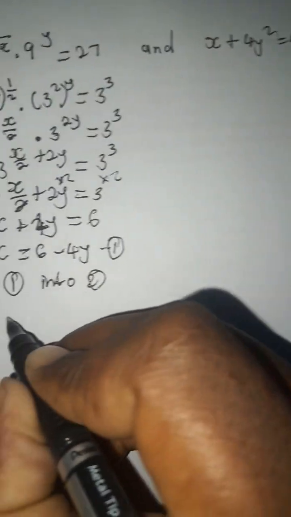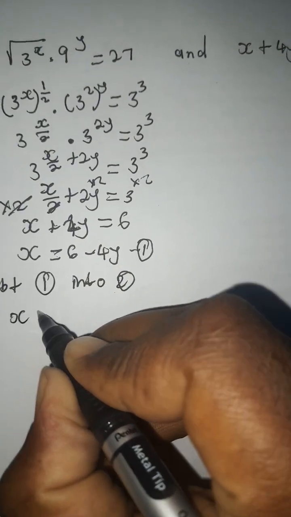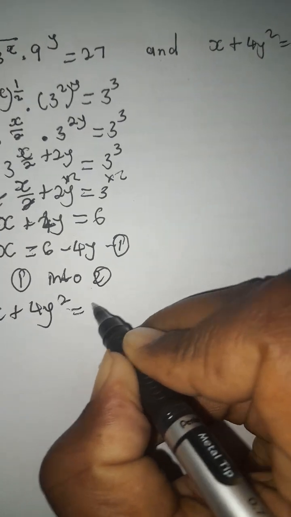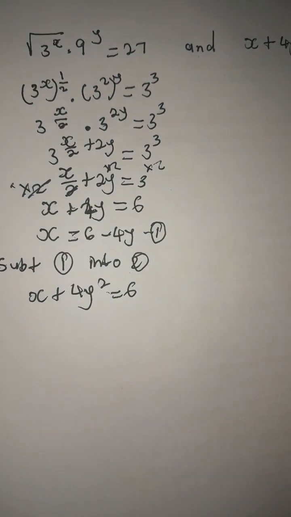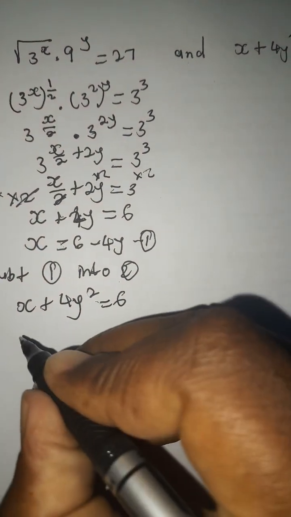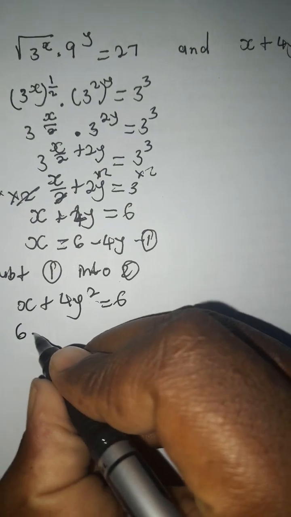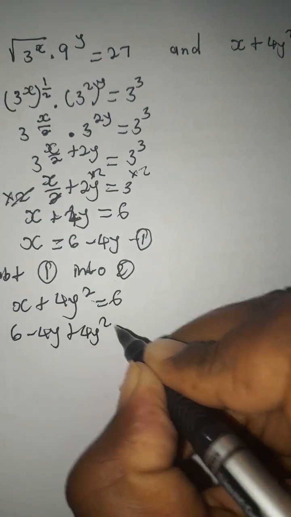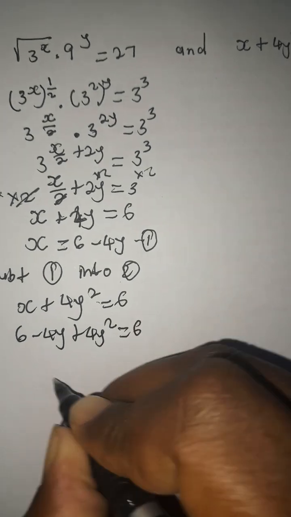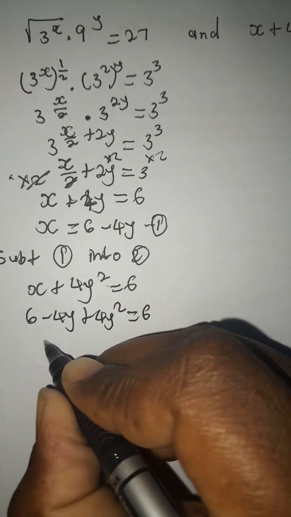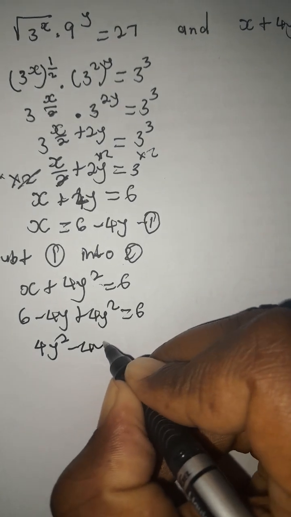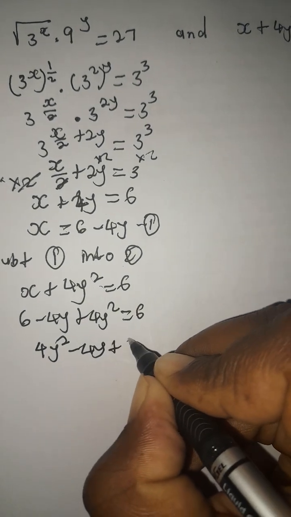Remember that your equation 2 is x plus 4y squared, which is equal to 6. Meaning that where there is x, we are going to replace it by 6 minus 4y, plus 4y squared, which is equal to 6. So the best way is to rearrange this in standard form. So we have 4y squared minus 4y plus 6.